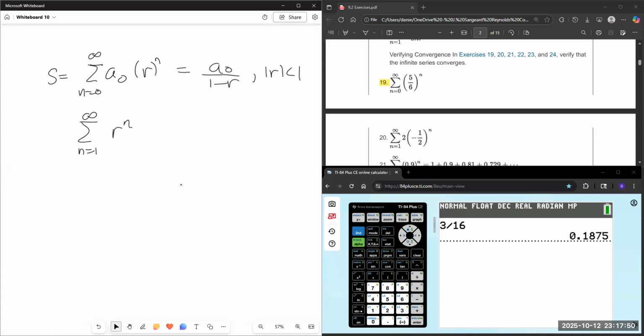Well, what we're going to have to do is call this equal to the first term, which will be r, and then it will be times r to the n after that, and this will be r over 1 minus r.